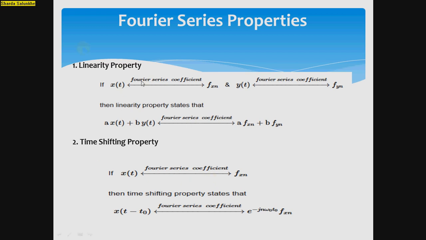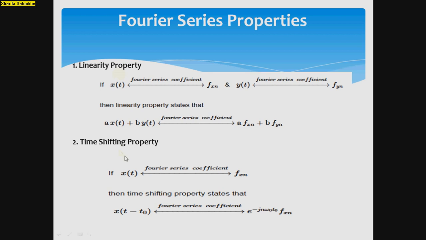If x(t) has Fourier series coefficient X(n), and y(t) has coefficient Y(n), then the linearity property states that a into x(t) plus b into y(t) has coefficient a into X(n) plus b into Y(n). This obeys the superposition theorem, so we can call it the linearity property.